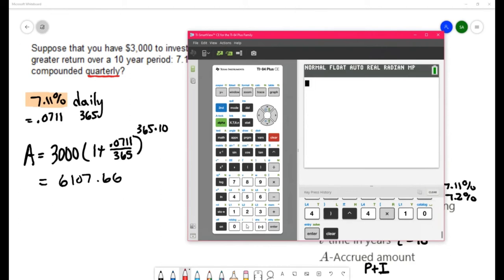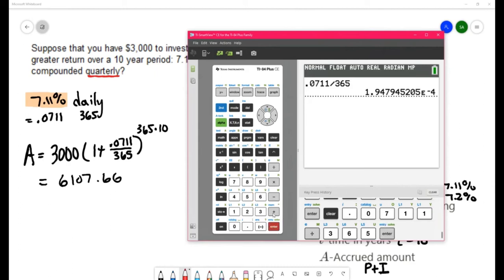So I would start by doing 0.0711 divided by 365, and then hit enter. And then inside the parentheses, I would add 1. And then I'm going to apply the exponents.